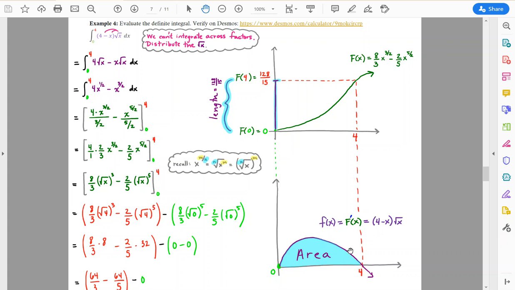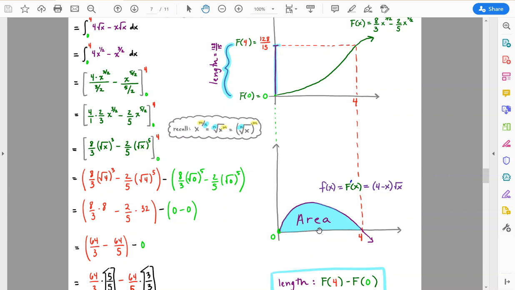Instead, you came up with the green function, that antiderivative function, and evaluated it at the endpoints. Plugging in a 4 first to get 128/15, plugging in the 0 next to get 0. The difference there is that 128/15, that length is the exact same number as this area. Really, really remarkable stuff.